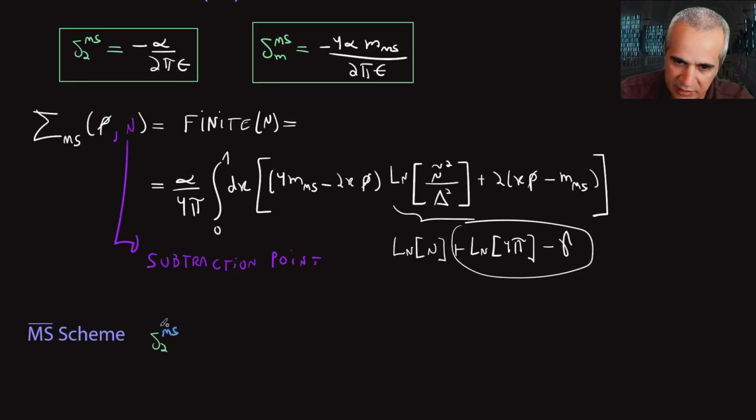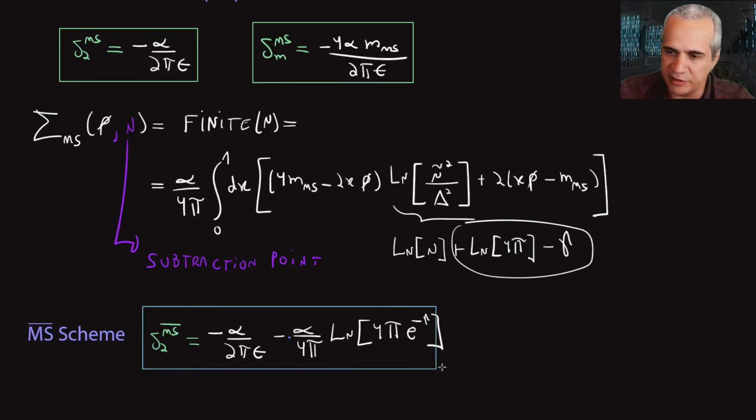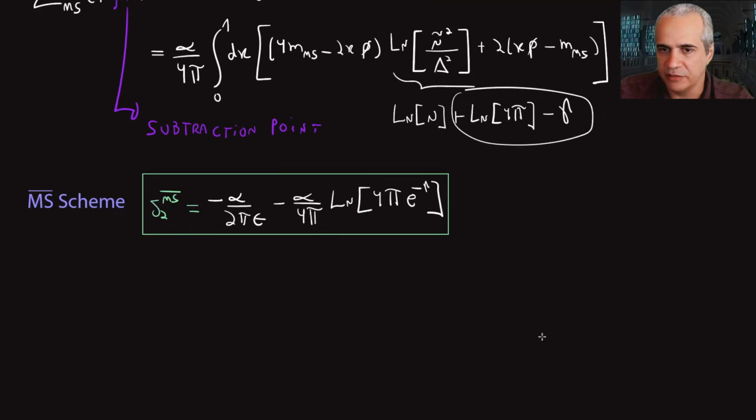So the MS bar scheme defines this guy in the same way, but now I also subtract alpha over 4 pi times the log of 4 pi e to the minus gamma. That eliminates these two parts together with the divergence. So I take a finite part away with the divergence, right?